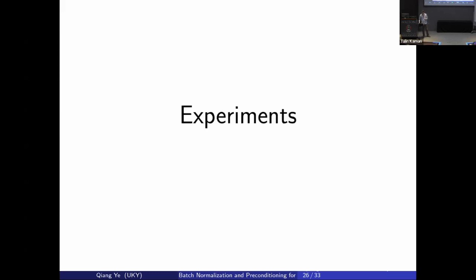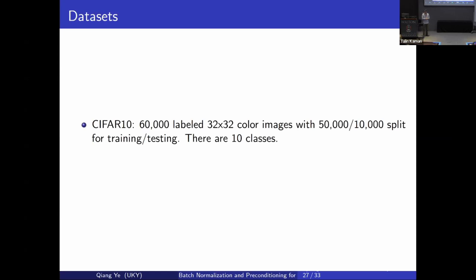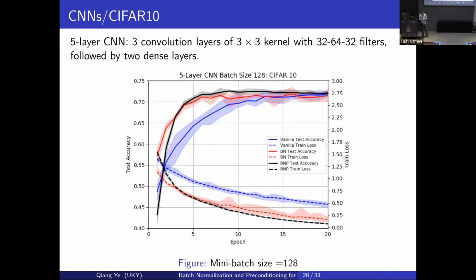All right, so let me show you some experiments. I'm going to show you one data set, CIFAR-10. We did the experiment for several data sets, but let's just look at the simple ones.